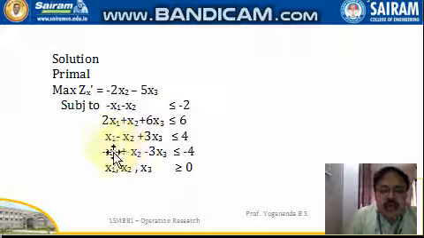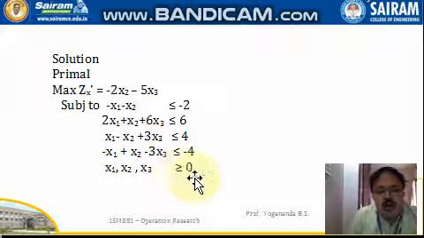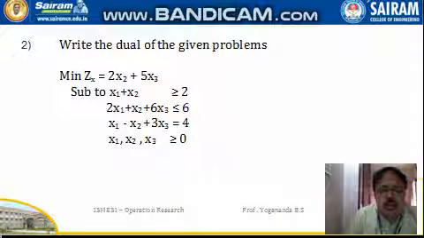So see here, minus x1 becomes plus, plus 3 becomes minus 3, plus 4 becomes minus 4. And x1, x2, x3 greater than or equal to 0. The given problem was not in canonical form because I had a greater than or equal to constraint and an equal sign here.